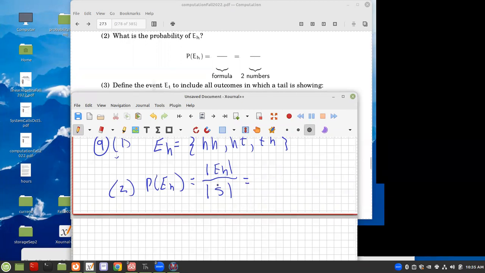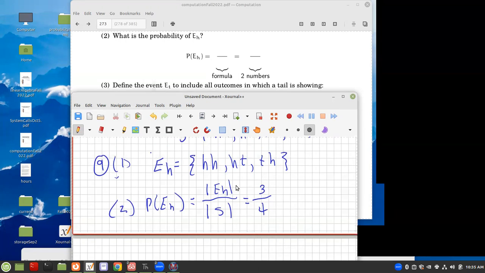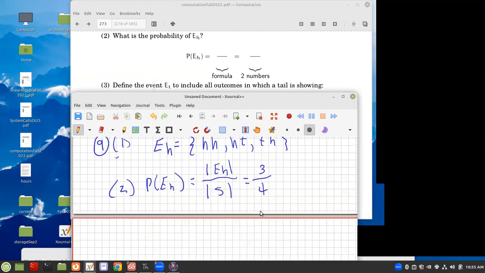And what I mean by 2 numbers is, let's figure out how many elements are in each of these sets. Well, in this set there's 3, and in this set there's 4, because we're dealing with this sample space. So that's the answer. The probability that you have heads, at least one head, is 3/4.